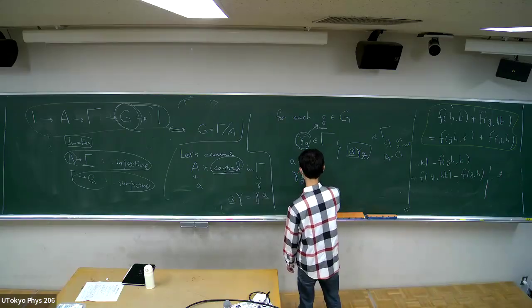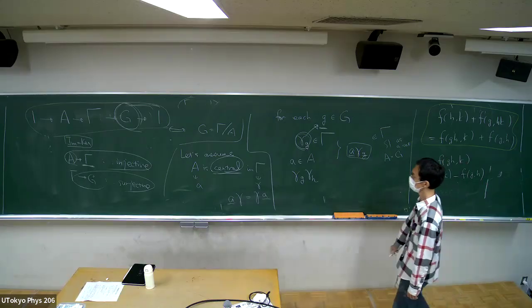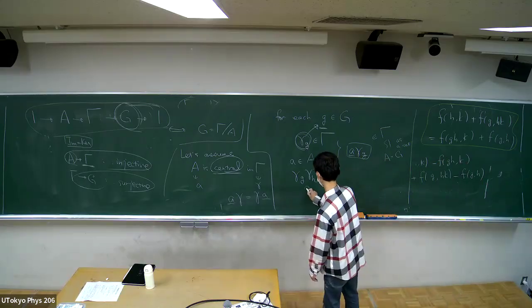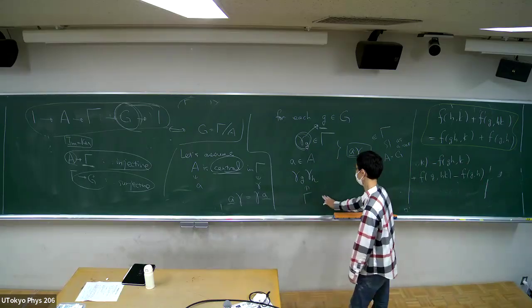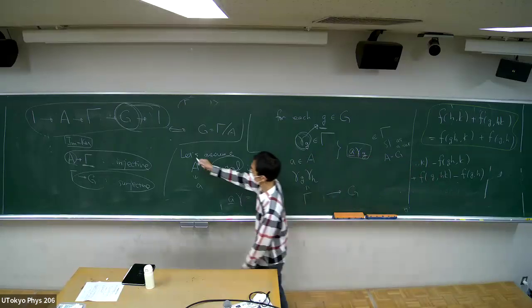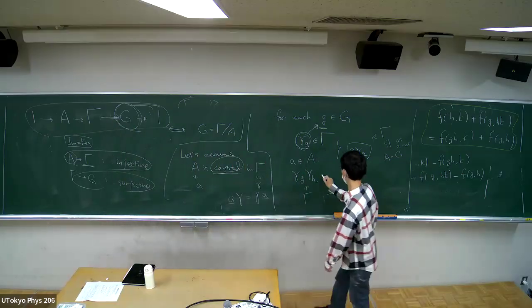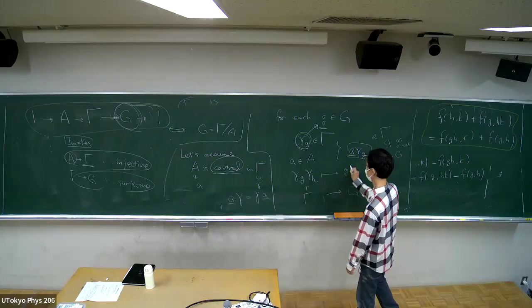So what happens is that consider multiplying gamma_g and gamma_h. Gamma_g times gamma_h is in gamma. So you can send it to G. And because we assume that this is a homomorphism, this is sent to gh.